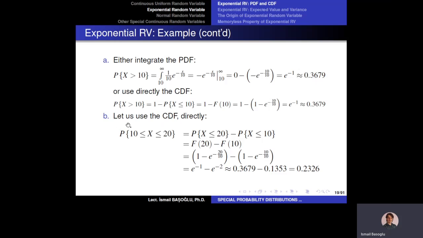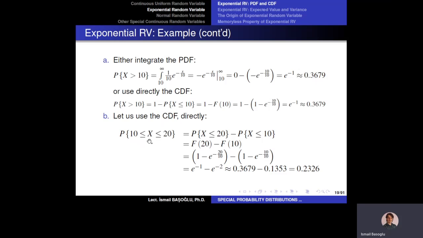In fact, in the second part of the question, where we are looking for the probability of waiting between 10 and 20 minutes, we are directly going to use the CDF function. So this probability is what? If you subtract the probability of x being less than or equal to 10 from the probability of x being less than or equal to 20, you are going to get this probability.